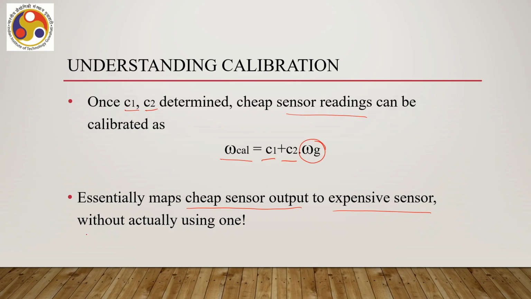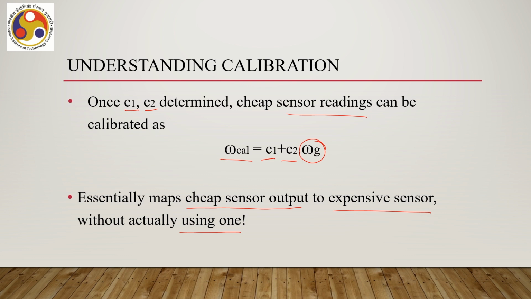But here we are doing it mathematically rather than using actually a very expensive or very accurate sensor. So, this stage where we are mathematically correcting what we are getting to what ideally we should get is called calibration. So, I hope this is a better way of understanding things rather than going through the definition.